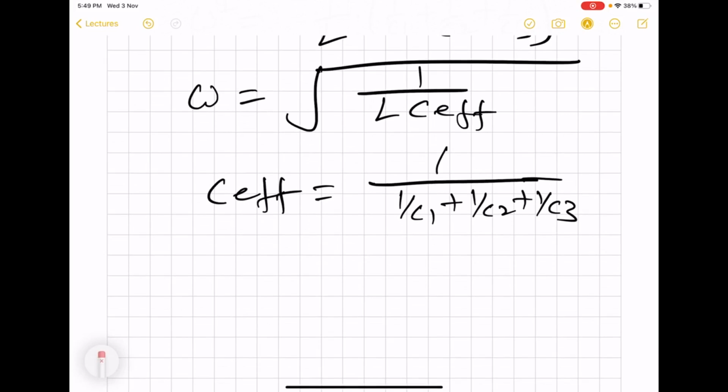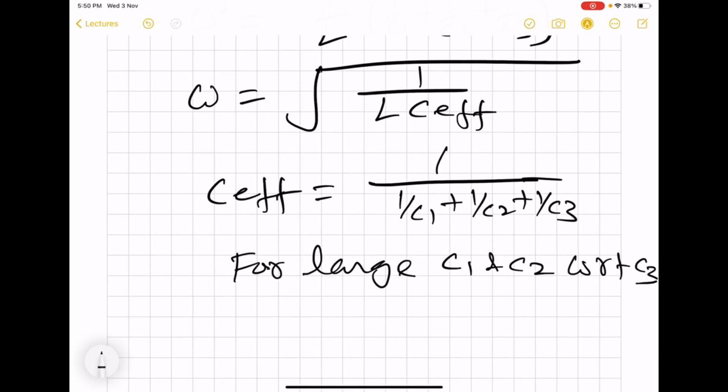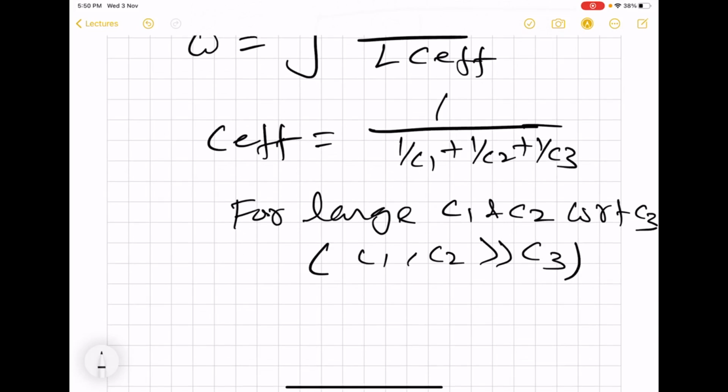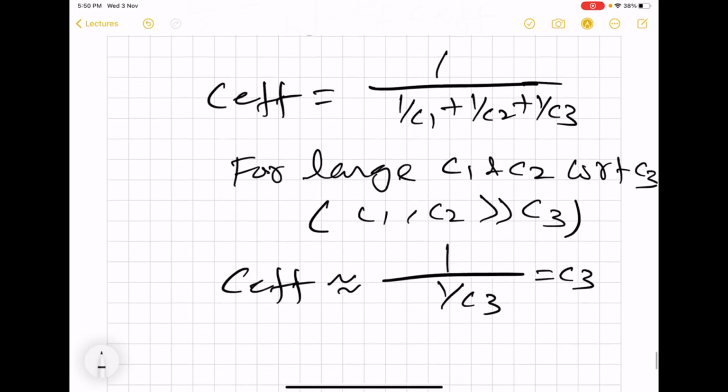And here we can see that for large C1 and C2 with respect to C3, that means when C1 and C2 are significantly large compared with C3, then this C effective approximately becomes 1 by 1 by C3, which is equal to C3.